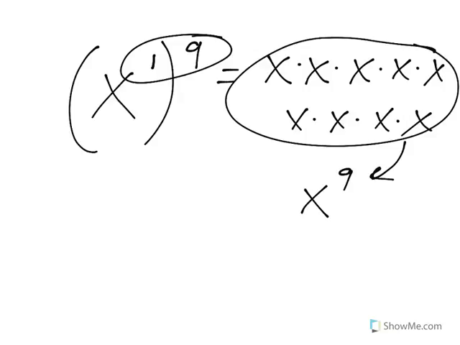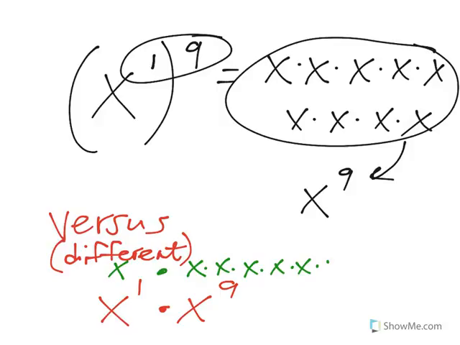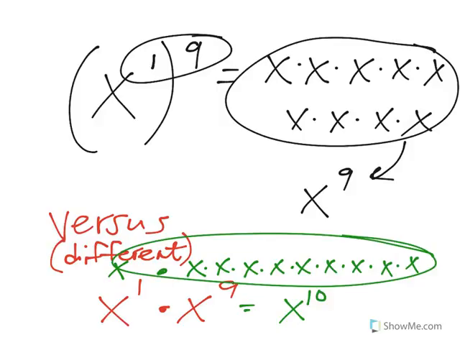Versus x to the first times x to the 9th. That's x times, and then we have 9 x's: 3, 4, 5, 6, 7, 8, 9 x's, which makes how many x's? 10. Different.